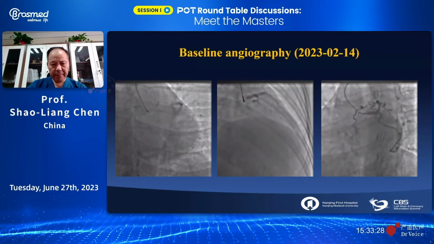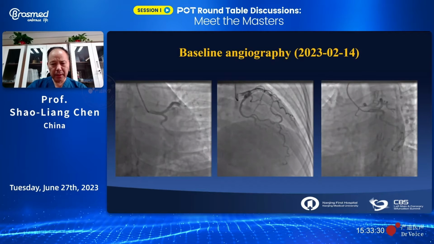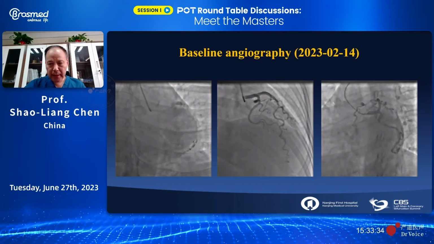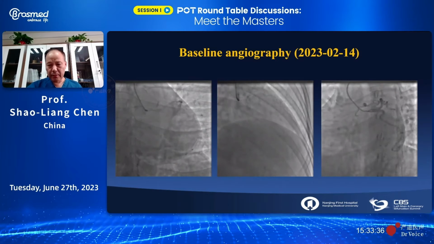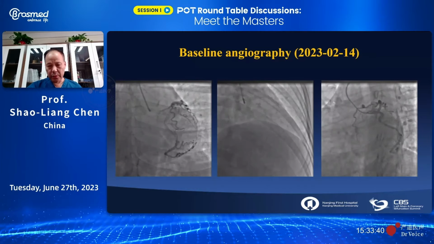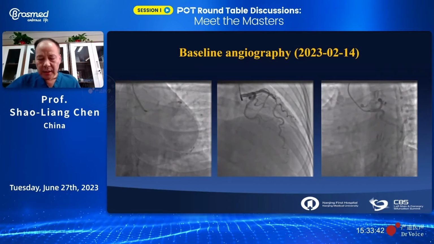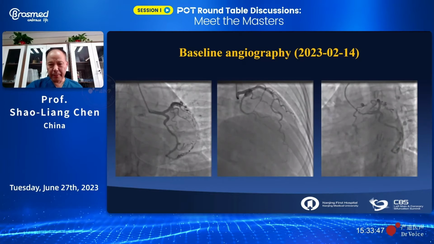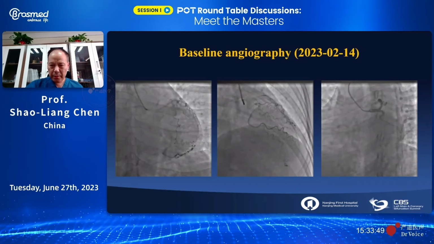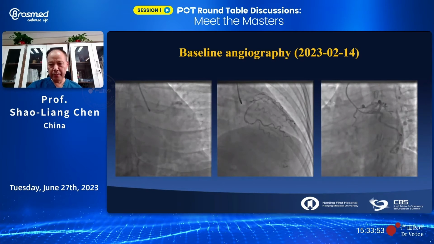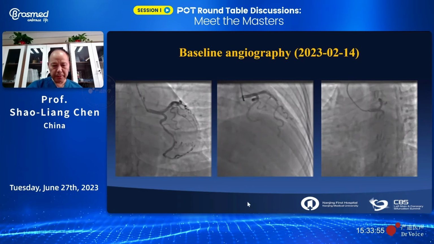Also, you can see there is a mild muscle bridge just distal to the lesion in the LAD. From the spider view on the right panel, you can see the left main looks good, the proximal LAD looks good. This is a diagnostic catheter. So the diameter of the left main should be minimally 4 or 4.5 millimeters, or 3.5 for the proximal LAD.